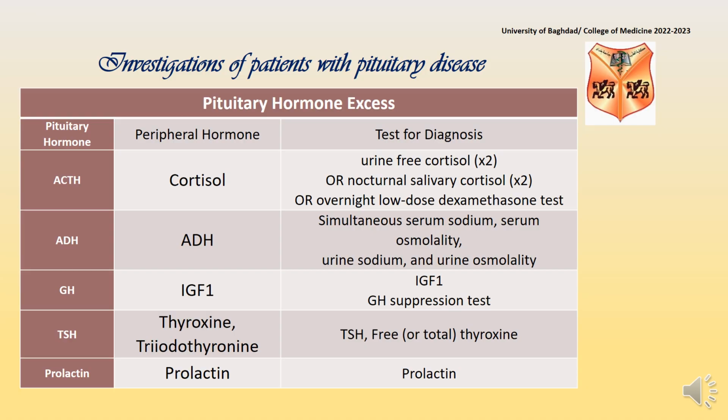Growth hormone: the peripheral hormone indicating the presence of growth hormone is IGF-1, insulin-like growth factor 1. The tests for diagnosis are IGF-1 and growth hormone suppression test. TSH as a pituitary hormone: the peripheral hormones as a mirror for its function include thyroxine and triiodothyronine, T4 and T3.